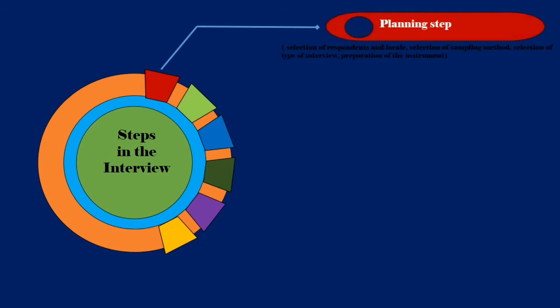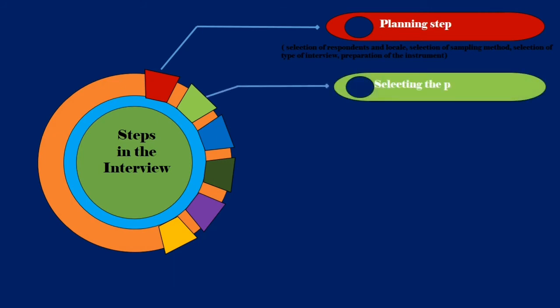In doing the planning step, beforehand, you have to select your respondents, and then the locale, then you have to select the sampling method, then the selection of what type of interview you are going to use, and the preparation of your instrument. Will it be an interview schedule or an interview guide?